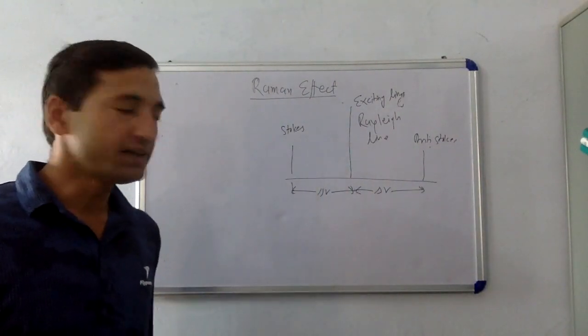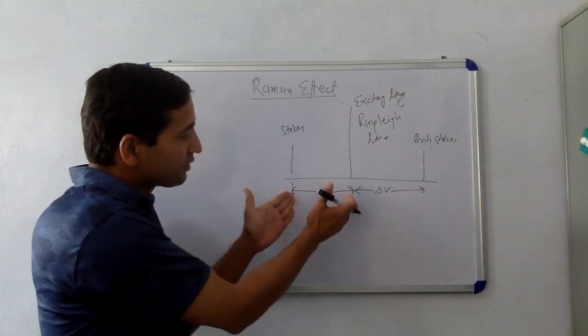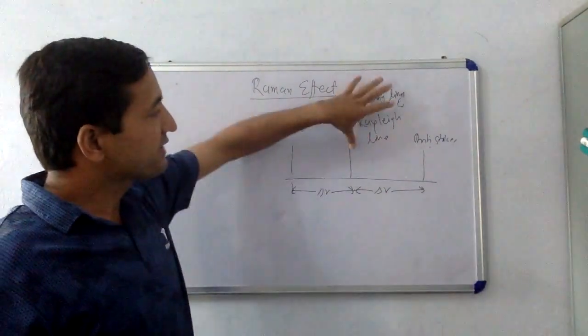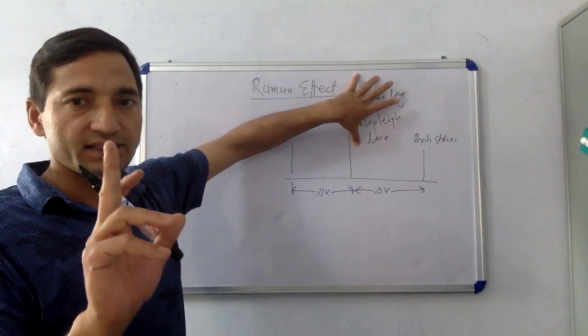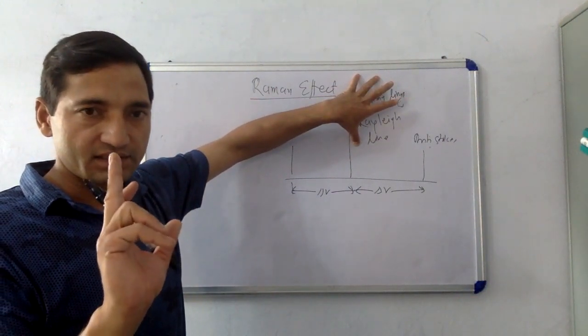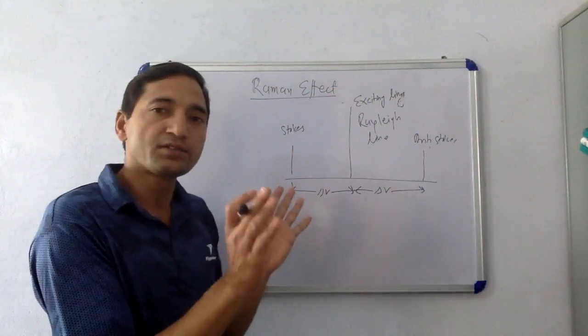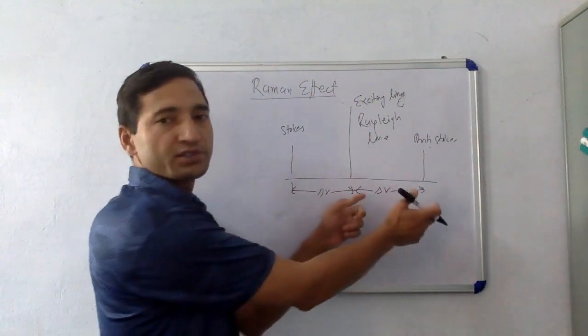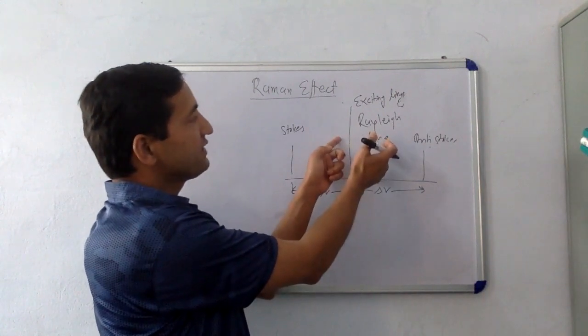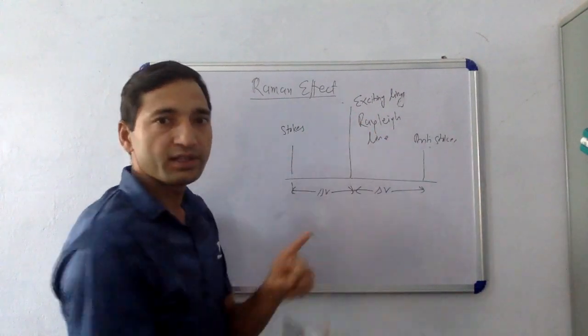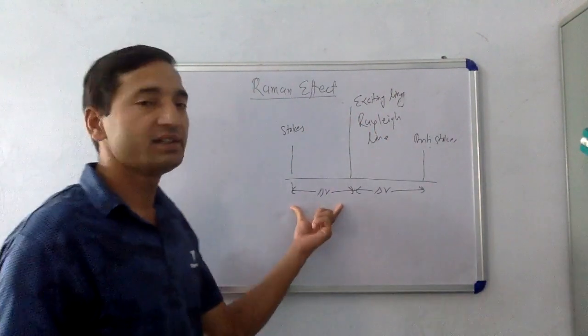What was observed is that if I change the exciting source and the substance is not changed, then delta nu is constant. Whatever exciting line I use, for the same molecule I get the same delta nu.